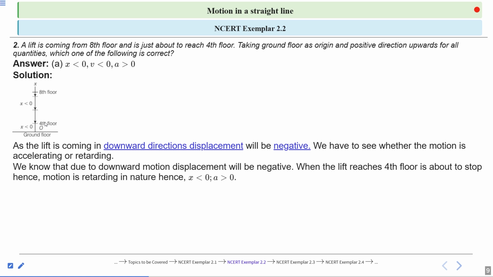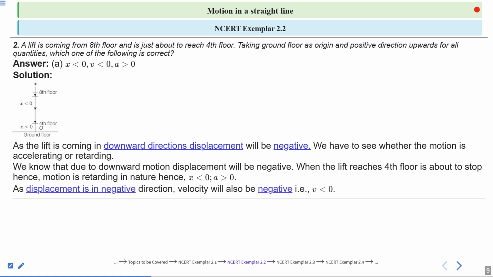It means x is negative, displacement is negative, and acceleration will be positive. As displacement is negative because x is less than 0, the velocity will also be negative. So that is v is less than 0.